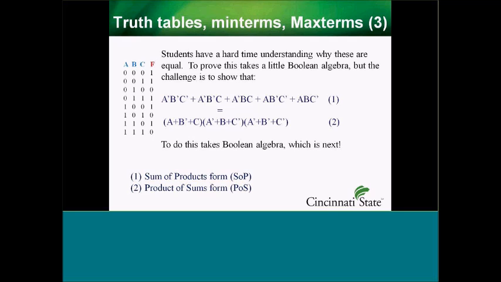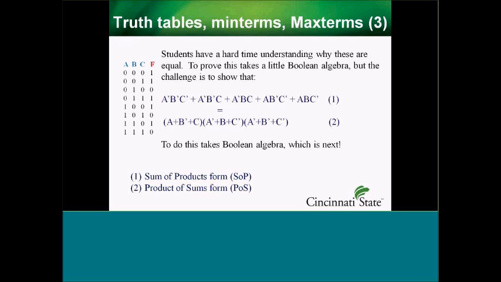Even though I try to emphasize in the class that this is A prime, B prime, C prime, or A prime, B prime, C, you still use the nomenclature of regular algebra, so this is the sum of products form. It actually looks like a sum of products, and the other one, of course, is the product of sums. So SOP and POS.